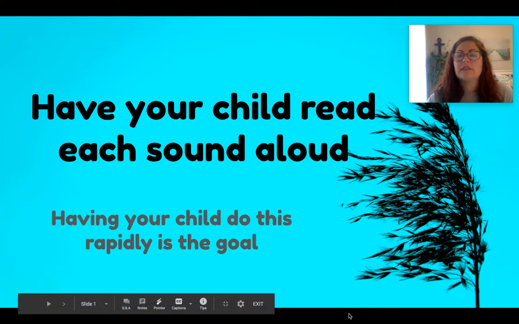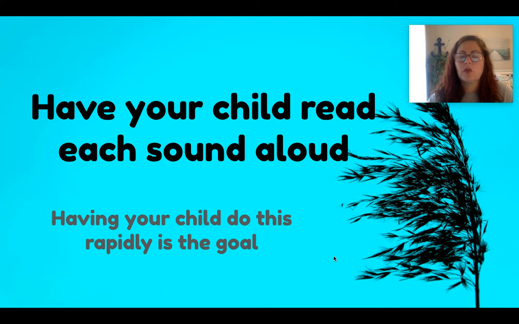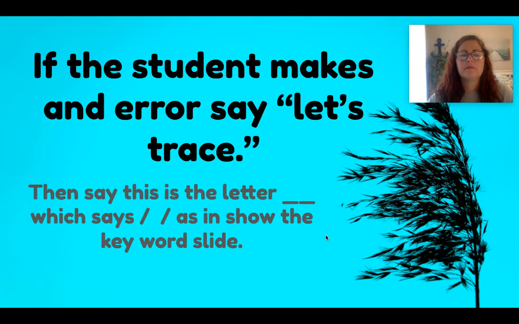Our goal for the next slides is for your child to read the slides quickly, so rapidly is the key, but we also want them to be accurate. So, for example, if your child makes an error, say this is the letter A, which says a, and then show the keyword apple, but have them trace first.